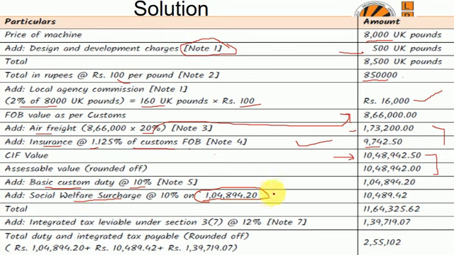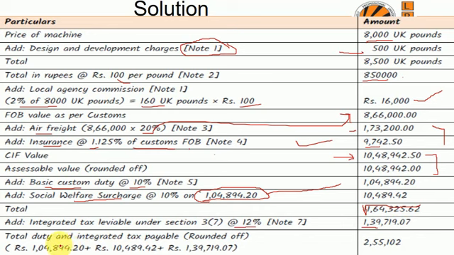SWS is always calculated on the value of BCD, basic custom duty, which comes to 10,489.42. After adding all these values, assessable value plus basic custom duty plus social welfare surcharge, we will calculate the integrated tax, which comes to 1,39,719 and 7 paisa.